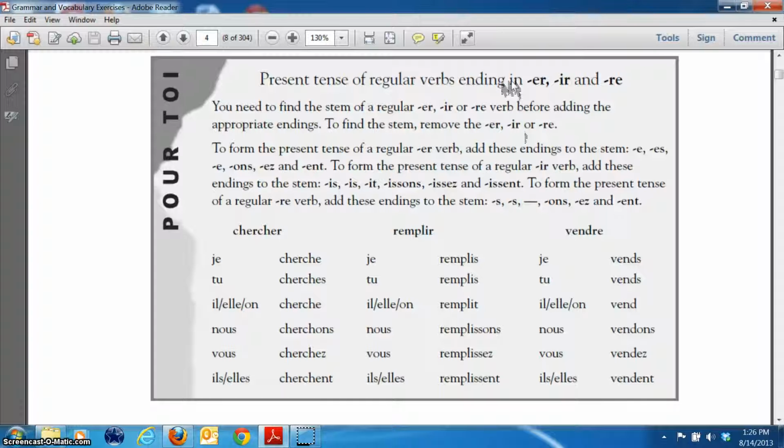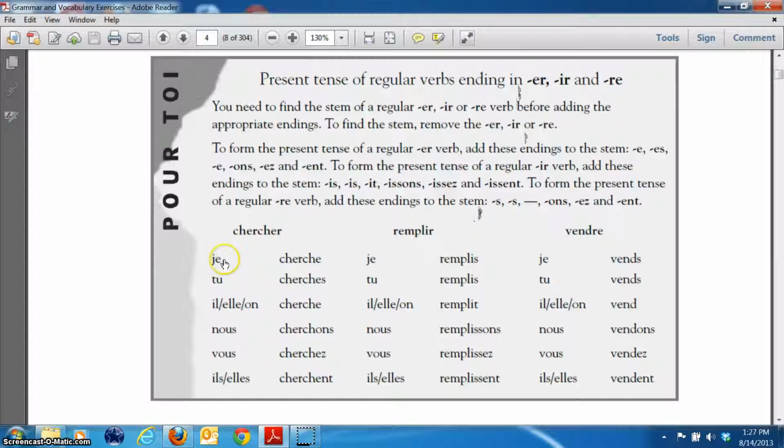So how do you tell an il singular and an ils plural? Well, you tell by pronunciation. So il vend is singular, ils vendent with the D is plural. Same thing here with pronunciation. Il remplit, but ils remplissent. So that's how you tell the difference. Il cherche, ils cherchent. This is the one you cannot tell.